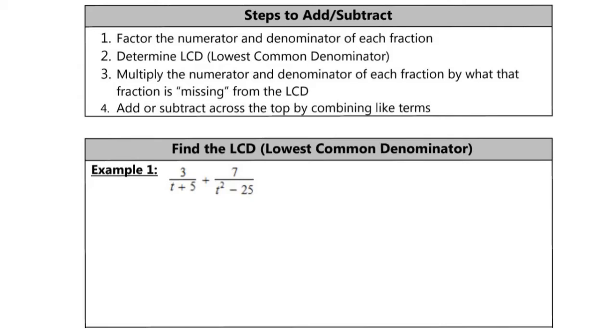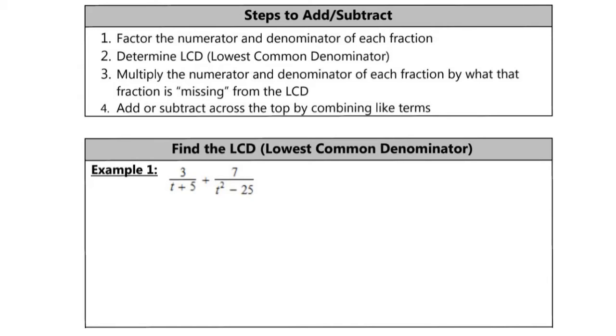Next thing is to multiply the numerator and denominator of each fraction by what the fraction is missing from the least common denominator. And then last step is you're going to add or subtract the numerators together. And then obviously the denominator stays the same once the denominator is the LCD. So we'll go through a couple examples together.